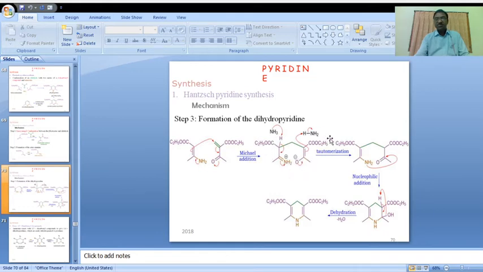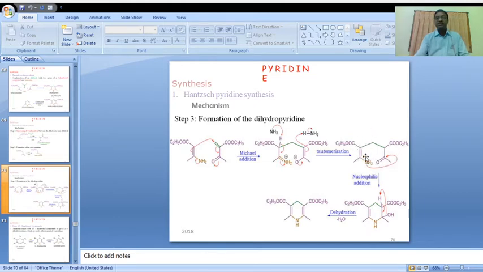From this arrangement, its tautomer structure will form. Here the double bond containing enamine, the imine compound, is converted to amine, forming a new pi bond, and here also a new pi bond forms, converting to a carbonyl functional group.